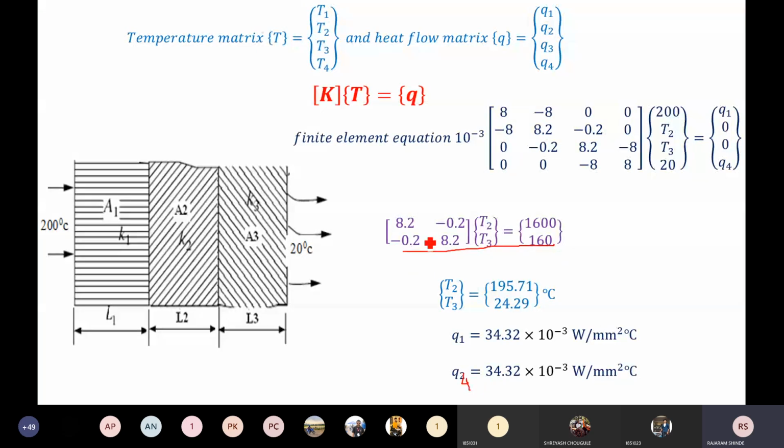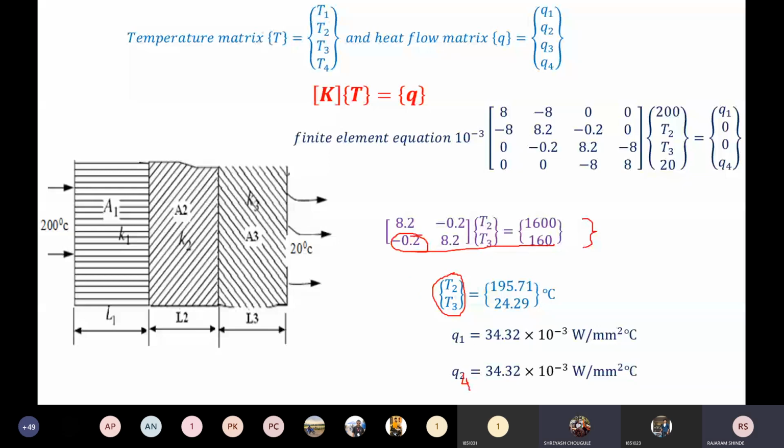These two equations, you make this term 0 by transformation of rows using the Gauss elimination method, or you calculate T2 in terms of T3 from one equation and put that T3 in the other equation. This is a simple simultaneous equation, nothing more than that. Just as you used the Gauss elimination method in matrices earlier, you can use it like that, or solve it by any method. And from that you can get T2 and T3.